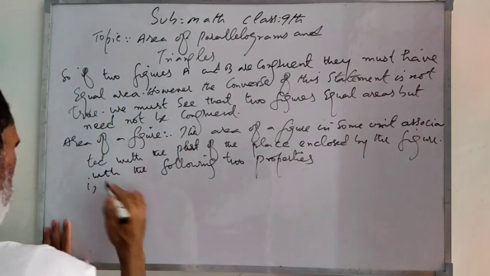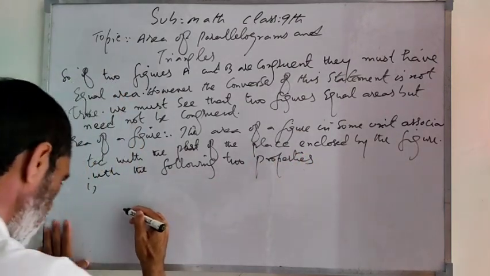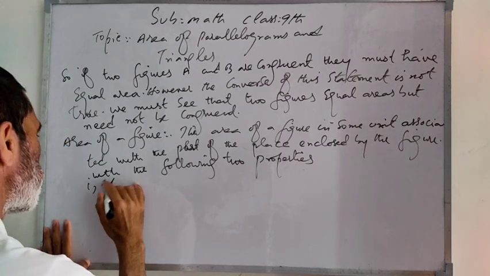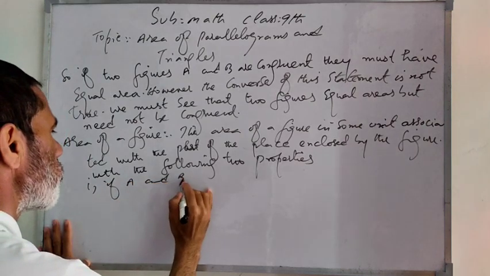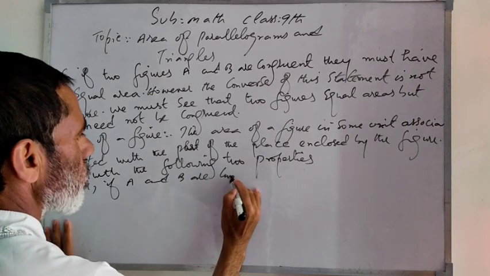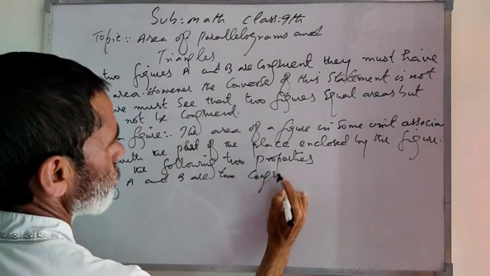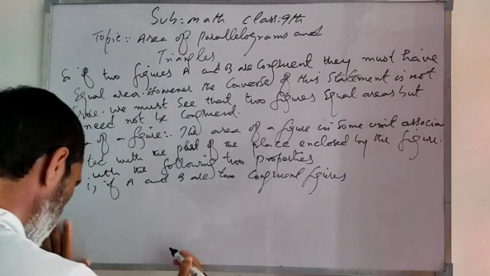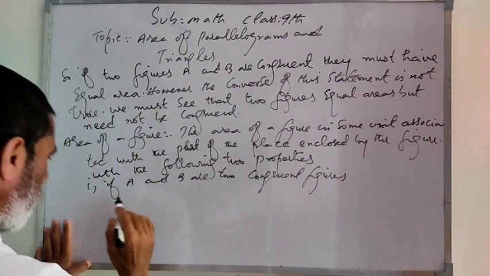Number first, if A and B are two congruent figures, then area of A is equal to area of B.